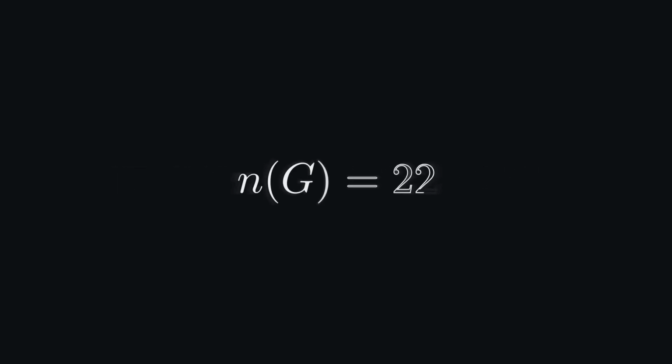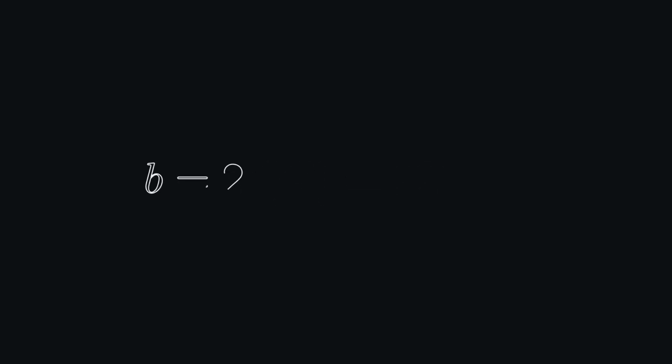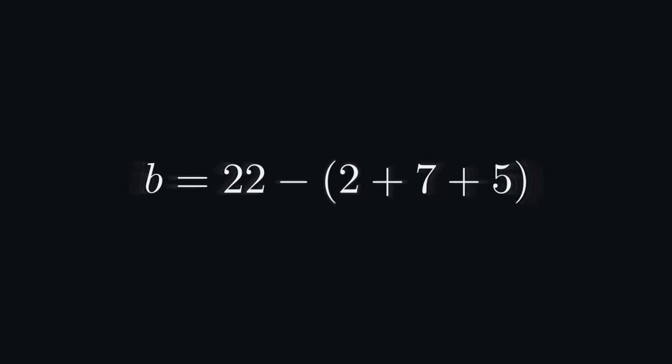Now, let's find out how many liked green and yellow only. The total number of girls who liked green is 22. We subtract those who liked other combinations from this total. So, 22 minus 2, 7, and 5.